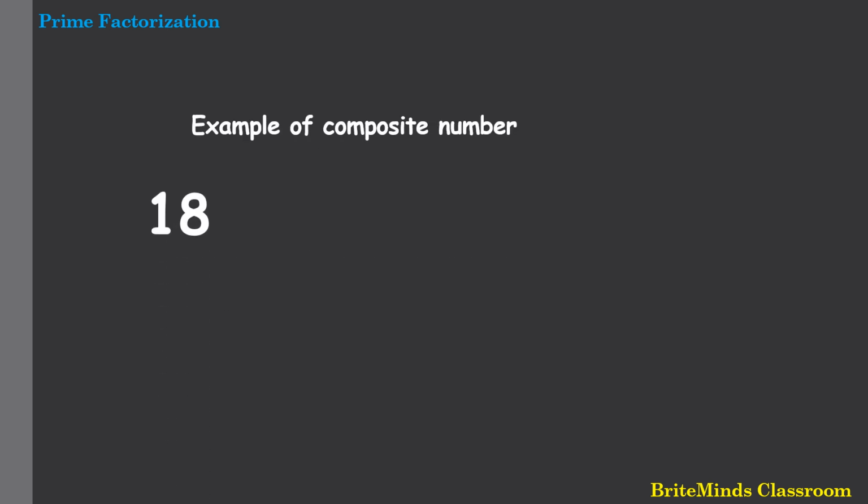So what are the prime numbers of 18? We have 2 times 3 times 3. So 2 times 3 is 6, times 3 is 18. So 18 is an example of a composite number.